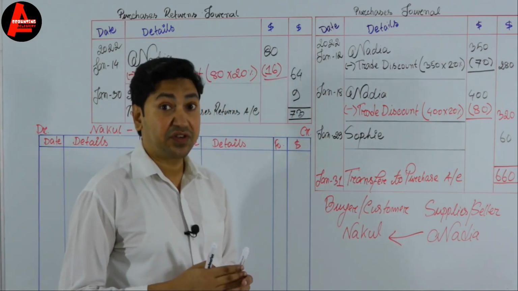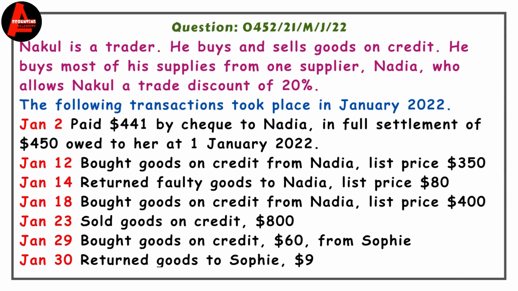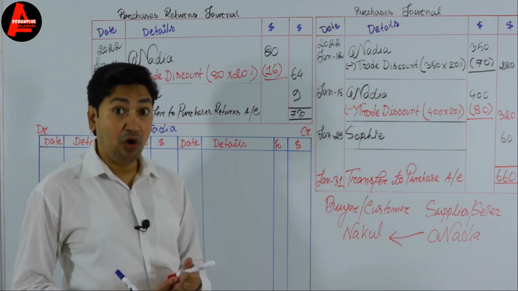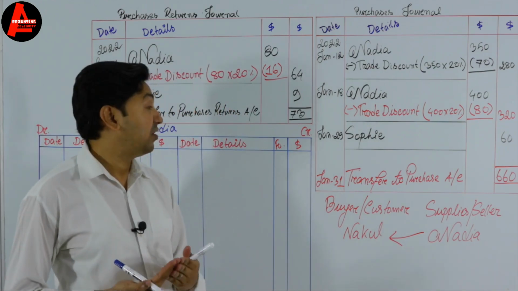Let us include the transactions one by one. What is the first one? January 2, paid $441 by check to Nadia in full settlement of $450 owed to her at 1st January 2022. So already we owe $450 to Nadia.